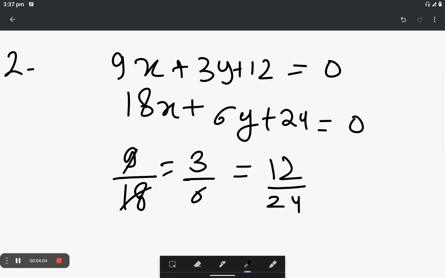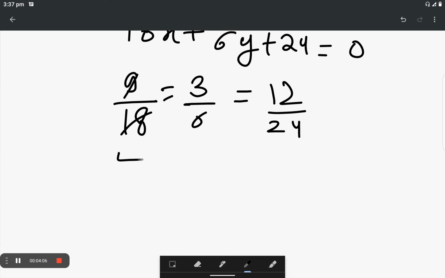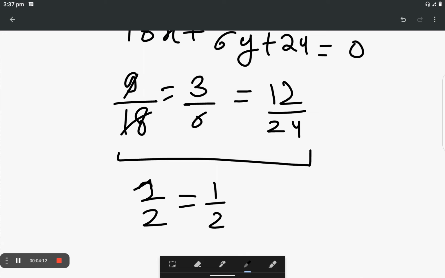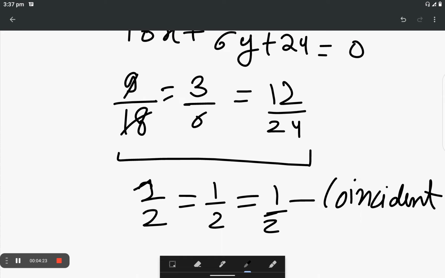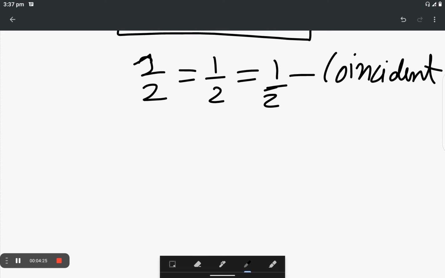All three terms will give you 1 upon 2, 1 upon 2 and 1 upon 2, which concludes that the lines are coincident and give infinitely many solutions.